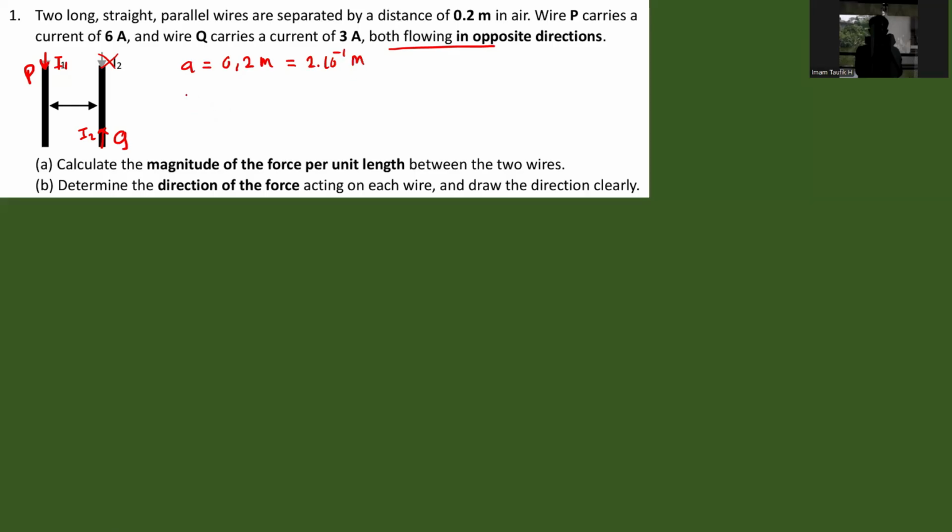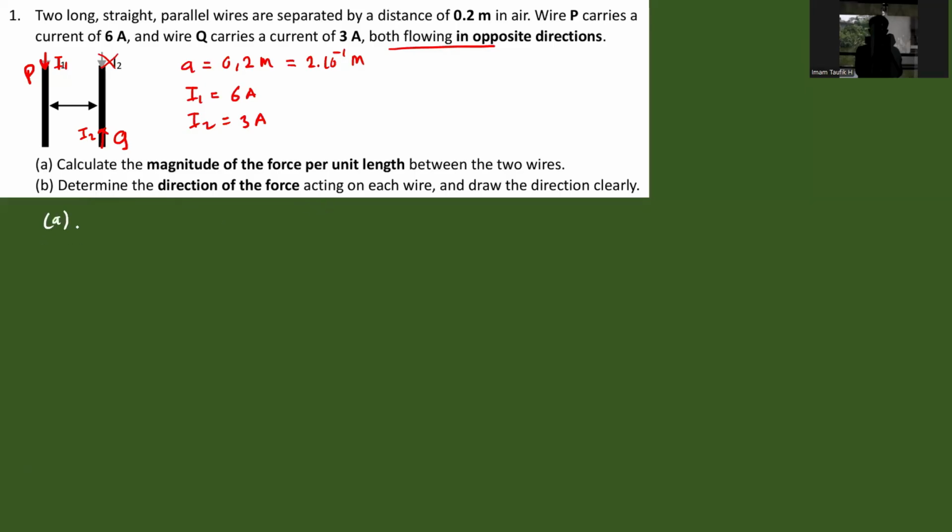Next, I1 is equal to 6 ampere, I2 is 3 ampere. Let's see the question: calculate the magnitude of the force per unit length between the two wires.